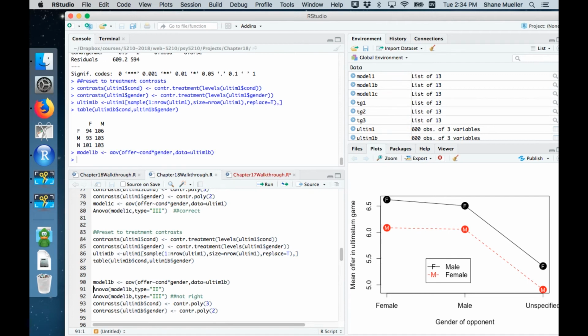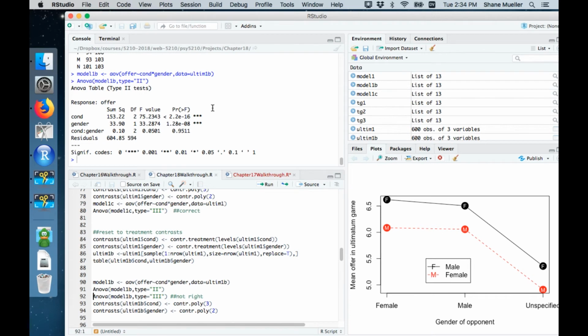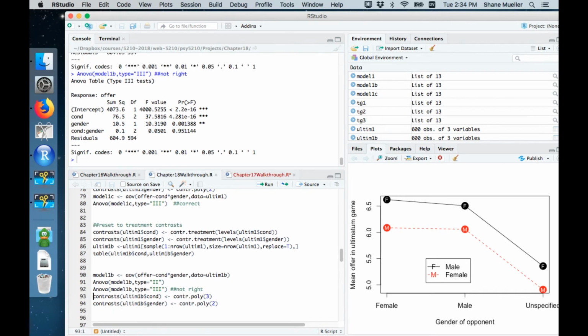So here's the interaction model again, with this new data with model 1B. And here we see no interaction, just like before. But if we want to do type 3, again, that's not going to be right.